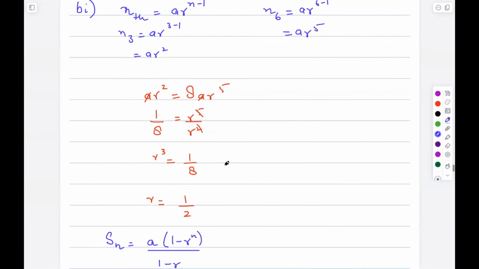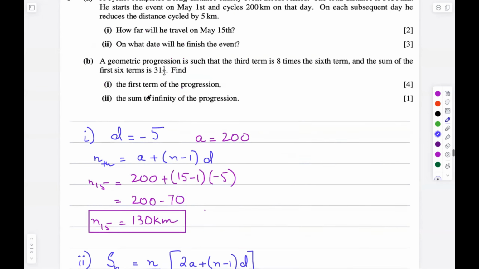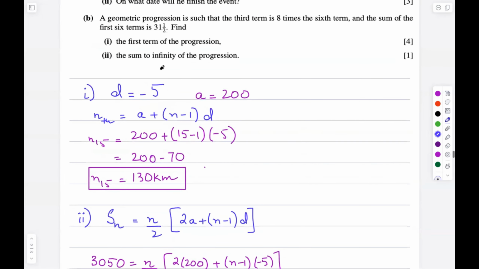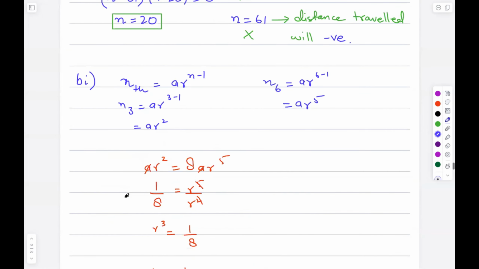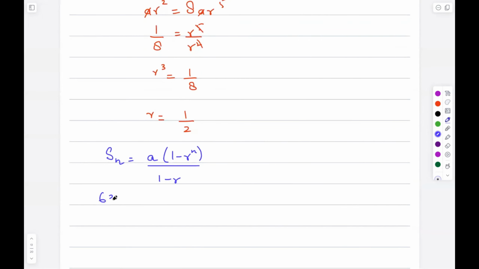The sum of the first 6 terms was given as 31.5. So we can write this as 2 into 31 is 62, 62 plus 1 will become 63. So this will be 63 upon 2 is equal to a into 1 minus 0.5 to the power 6 divided by 1 minus 0.5.